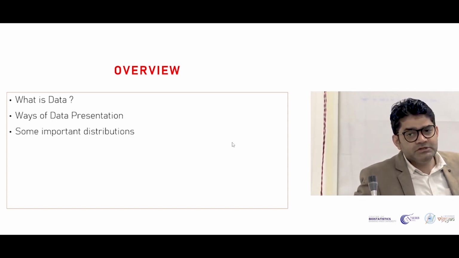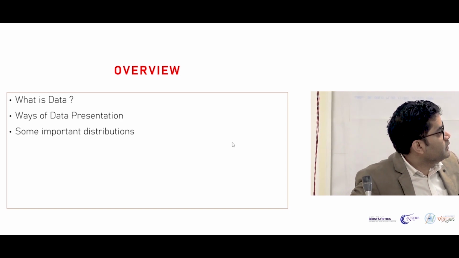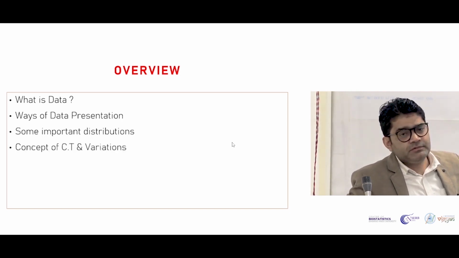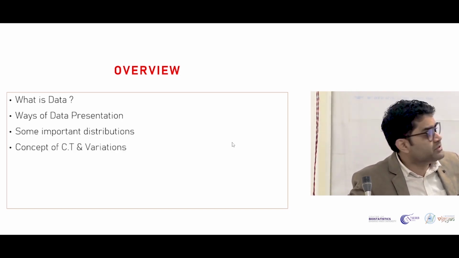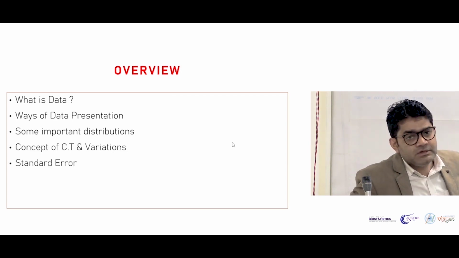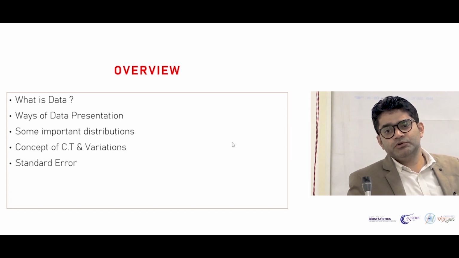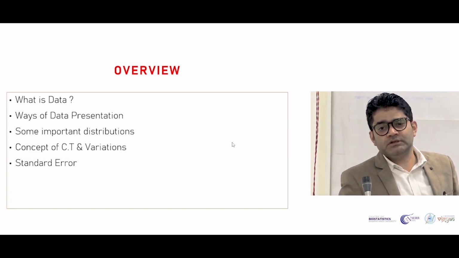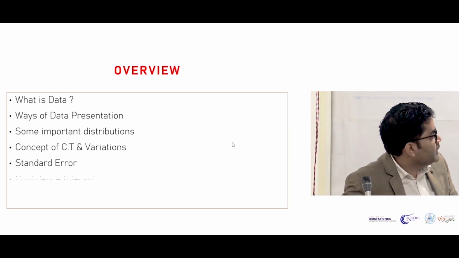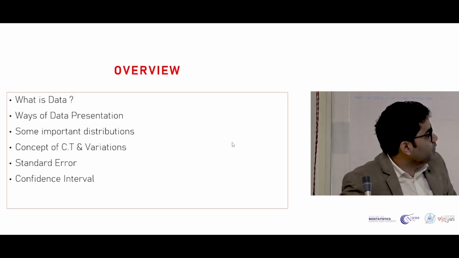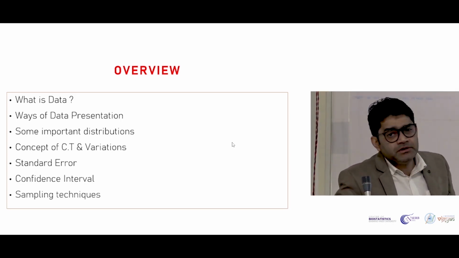Some important distributions, concept of central tendencies and variations, a very important concept, standard error, very closely related to your confidence interval, and then we will be having sampling techniques.